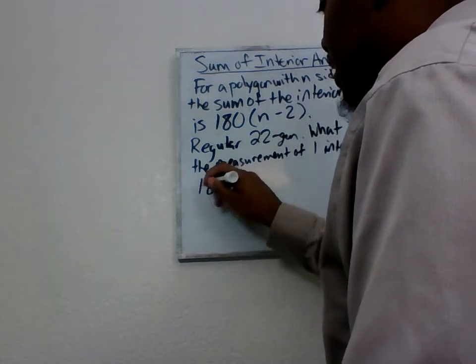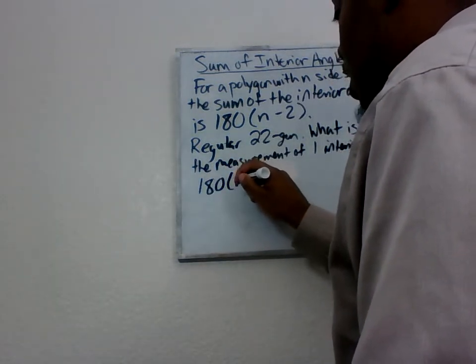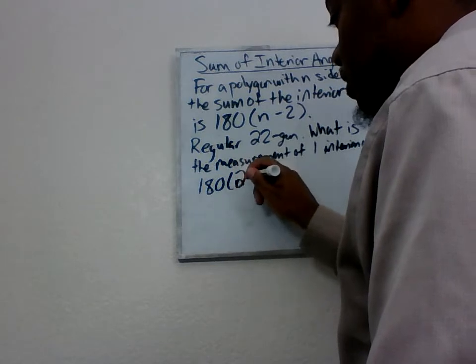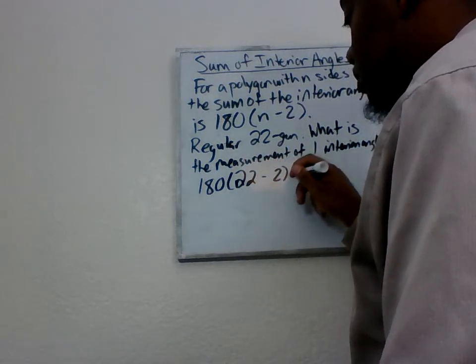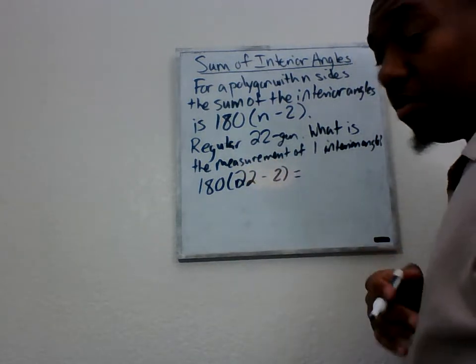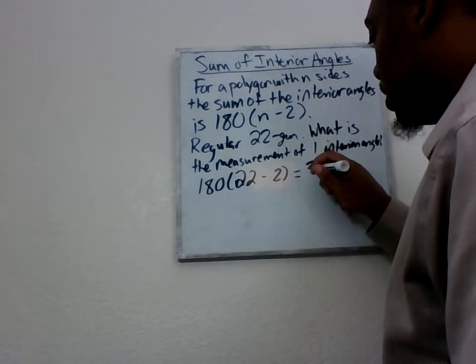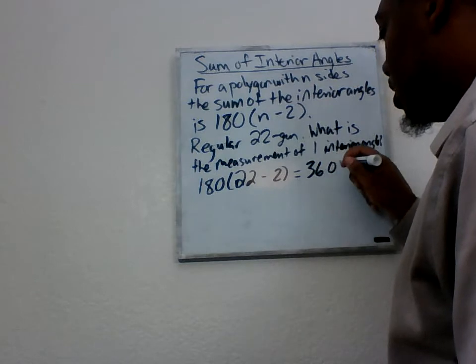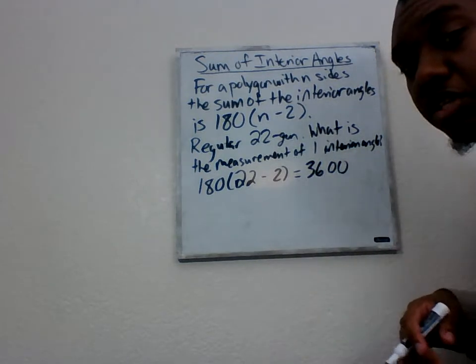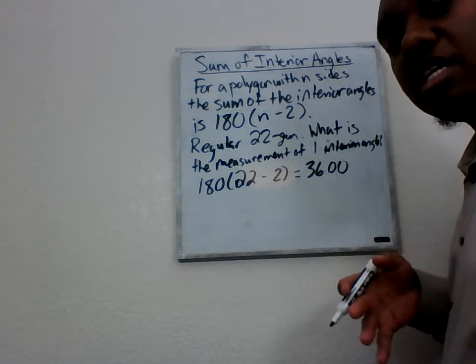So we would do 180 times n minus 2, where n in this case is 22. And let's see, what do we end up getting here? So we get 180 times 20, so that would be 3,600. So 3,600 degrees is the sum of the interior angles.